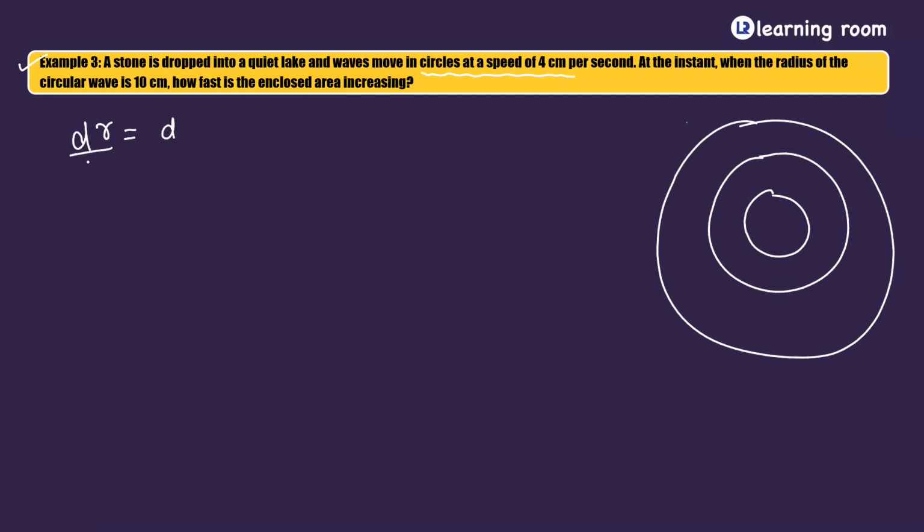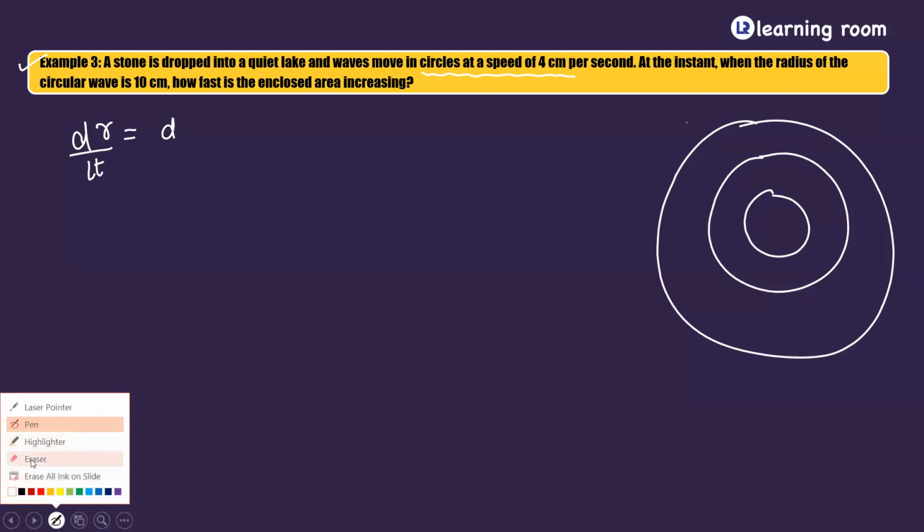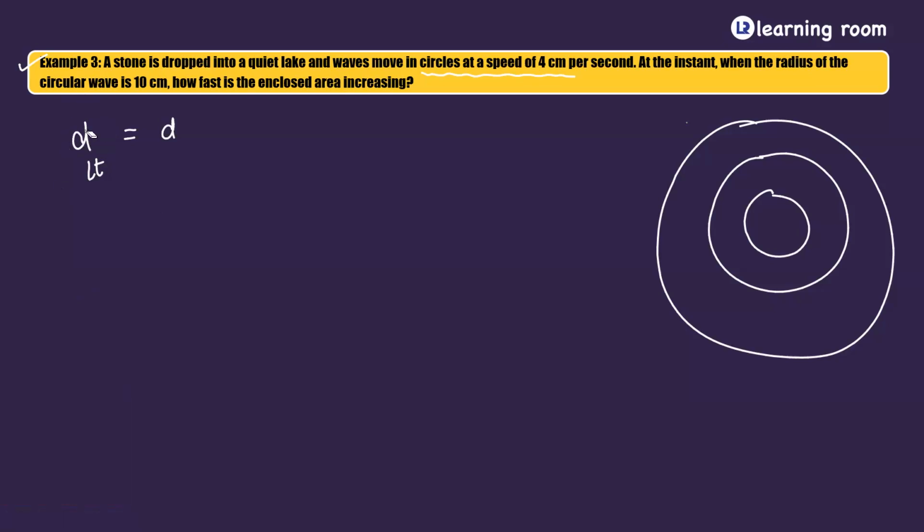So the meaning of it is dr divided by dt is equal to 4 centimeters per second. At the instant when the radius of the circular base is 10 centimeters, when r is equal to 10 centimeters, what is the value of dA by dt?